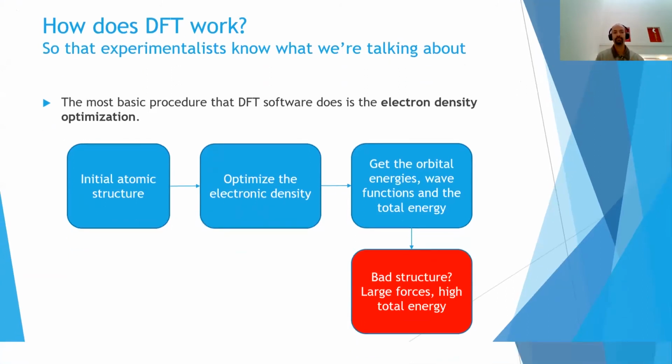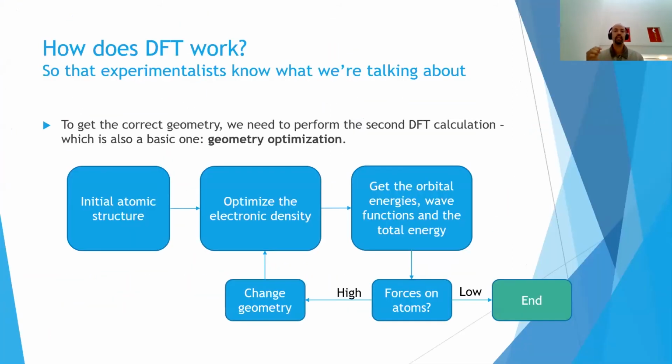So in that case, we need to perform a second calculation. I said earlier, the first calculation is to find the electron density, and from that to find the states and the energies. The calculation that follows from this is an iteration. I'm capturing that iteration here in this flow chart.